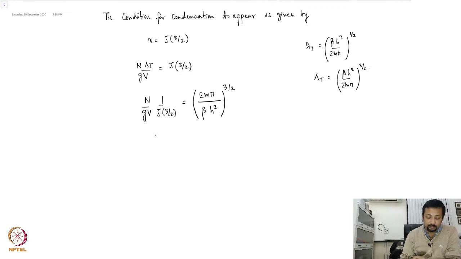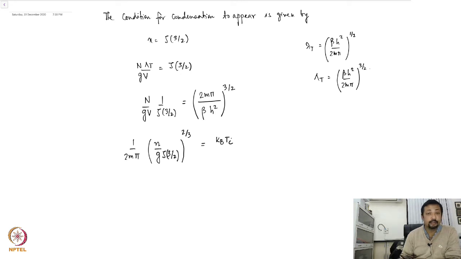So capital N by V is a small n, the number density, g zeta 3/2 raised to the power 2/3. I have 1 over twice m pi, which is going to be your kb Tc.